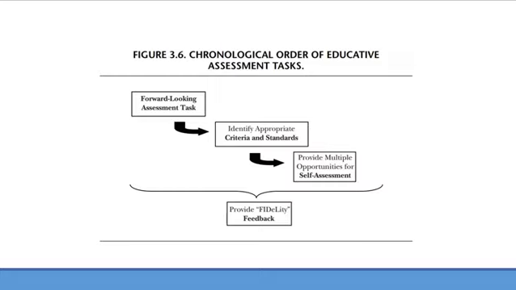The first step in educative assessment is to identify what the assessment task is that you will ask students to perform. When a teacher creates any of the various assessment procedures that are typically used in a semester-long course, such as assignments and tests and things like that, one perspective that can be very helpful is to strive for forward-looking assessment rather than backward-looking assessment.